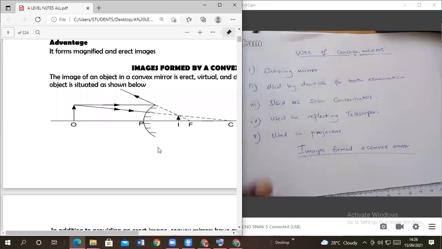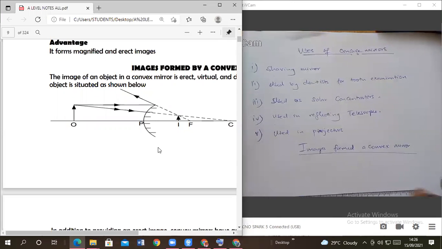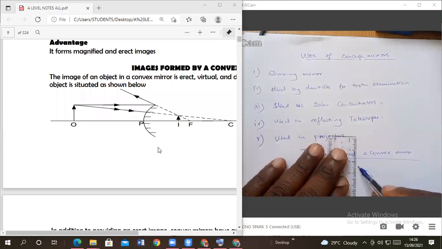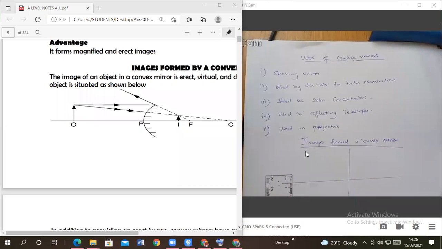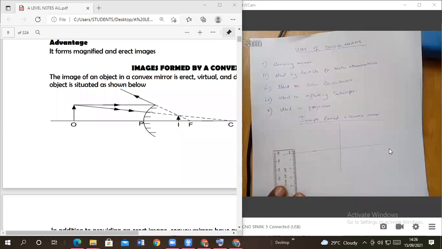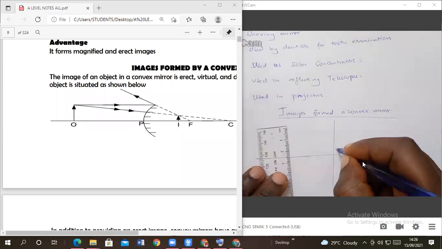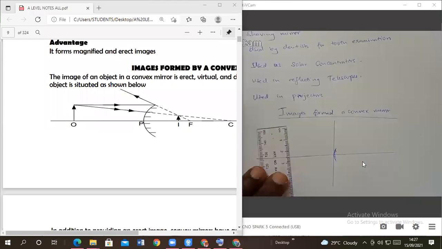The first thing you have to do is draw the principal axis, PA, a straight line. Then indicate that you are using a convex mirror, like that.